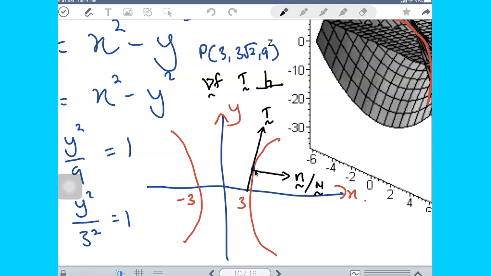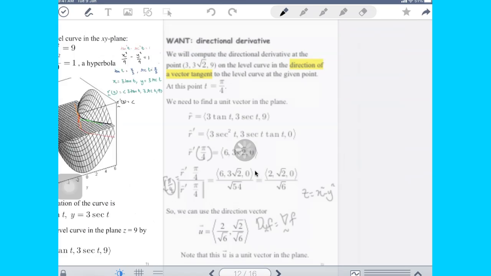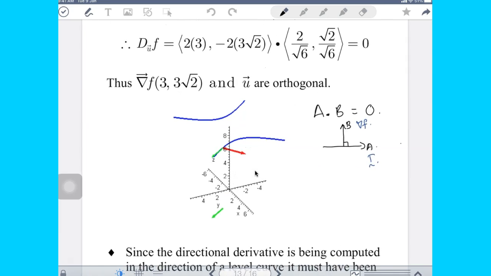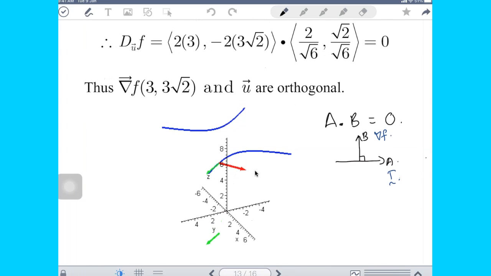So now, based on the result that we obtained from this calculation, we have shown that the gradient f and the u, which is the unit tangent, are always perpendicular to each other. You can see here that this is at the point x equal to 3 and y equal to 3.